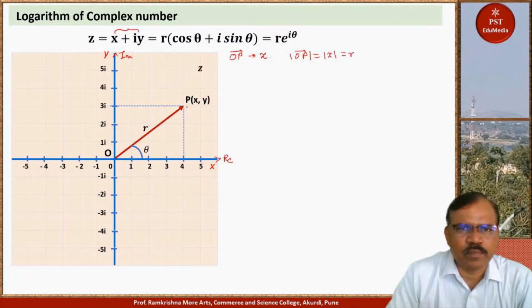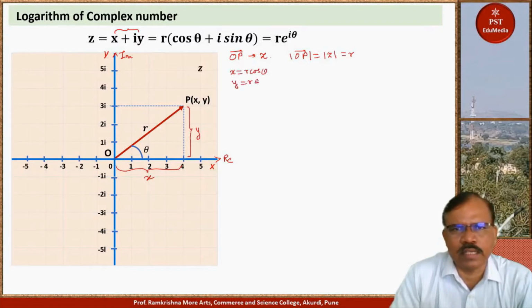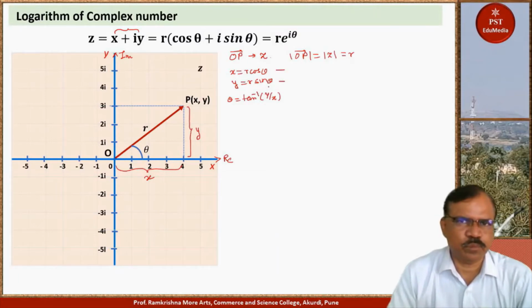Now here this one we will take as Y and this one we will take as X. So we get here X is equal to R cos theta, Y is equal to R sin theta, or we can take theta is equal to tan inverse Y by X, or you can find cos theta from this, sin theta from this.